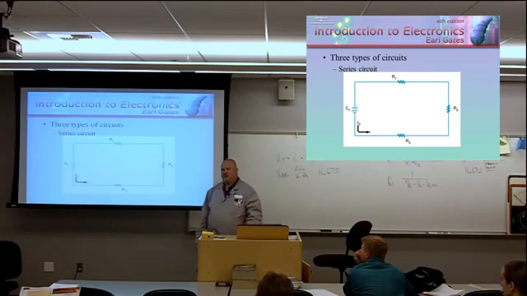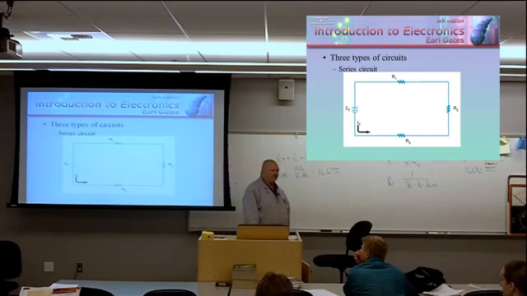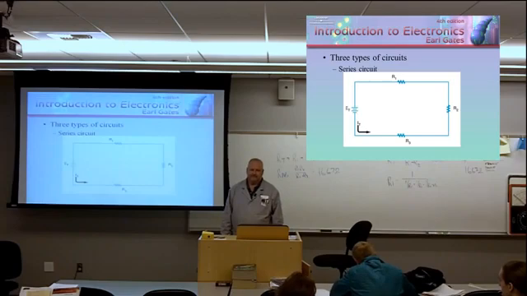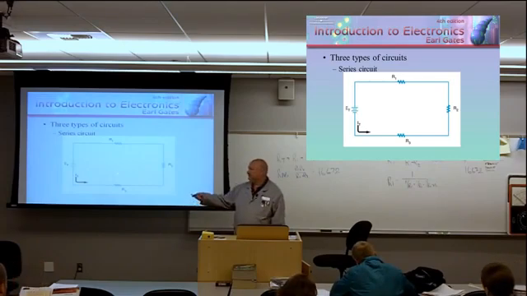The second thing I want you to remember about a series circuit is that it is also known as, like FBI lingo, AKA, a voltage divider. A voltage divider. What voltage gets divided up? The total voltage. Remember this? We call this voltage rise.